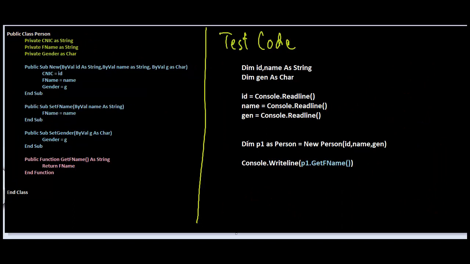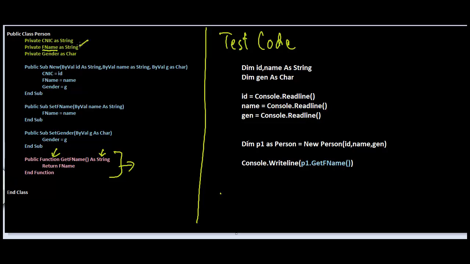Okay, so what's the solution that we've come up with? And this is the solution. The solution is that we've written a method, and that method is basically a function, and you should know that a function always returns a value, and in this case the function is returning a string value, because we're trying to read the name, and the name is what?